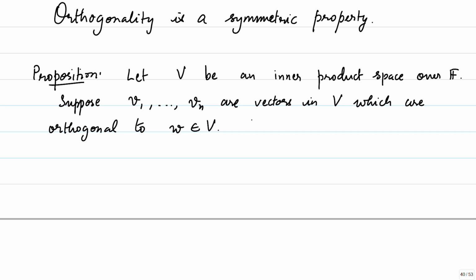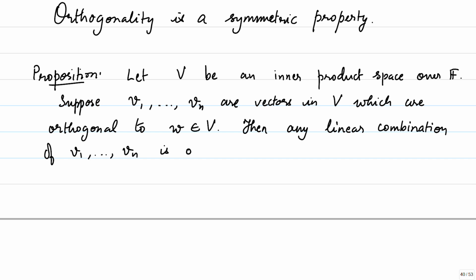Then the proposition tells us that any linear combination of v1, v2 up to vn will also be orthogonal to w.